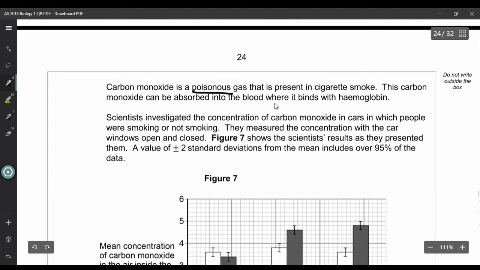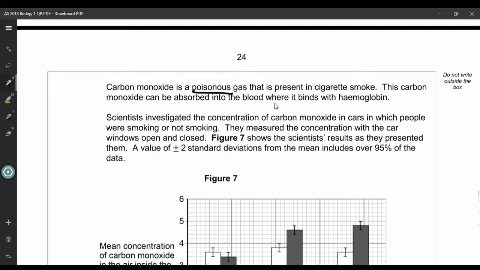The carbon monoxide can be absorbed into the blood where it binds to hemoglobin. Scientists investigate the concentration of carbon monoxide in cars in which people were smoking or not smoking. They measure the concentration with the car windows open and closed. Figure 7 shows scientists' results as they presented them.